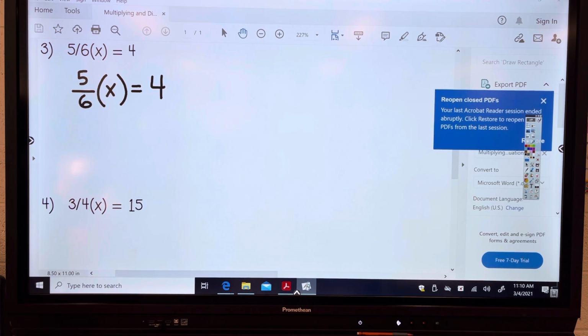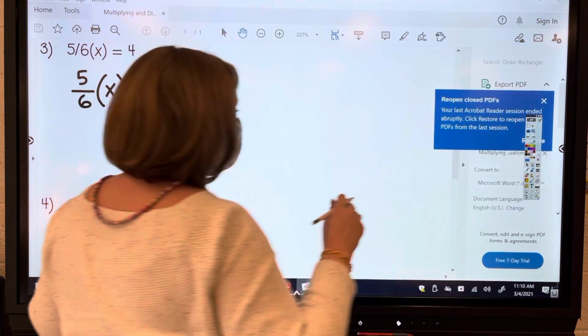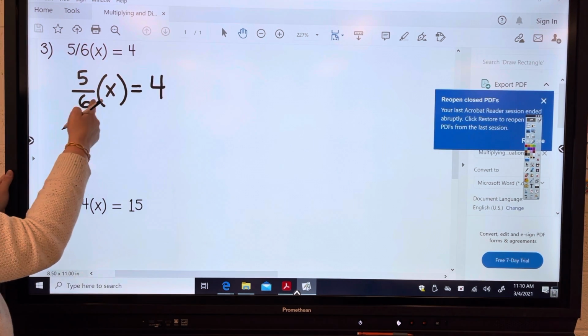Division. But if I have something divided by a fraction, I have to do what? Multiply by the flip, by the reciprocal. So what are we going to do here?